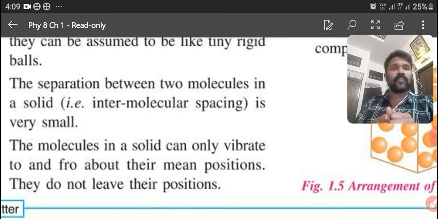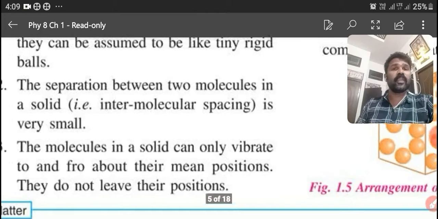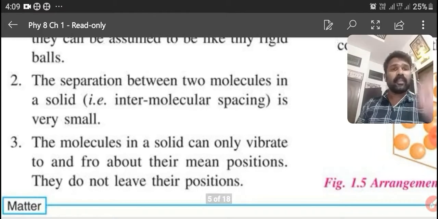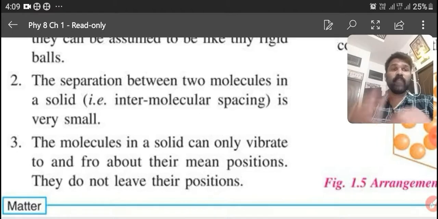Third point: the molecules in a solid can only vibrate about their mean positions. They cannot leave their positions. They can vibrate in their own positions, but they cannot leave them.